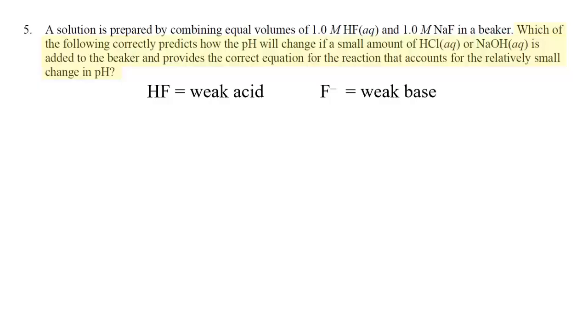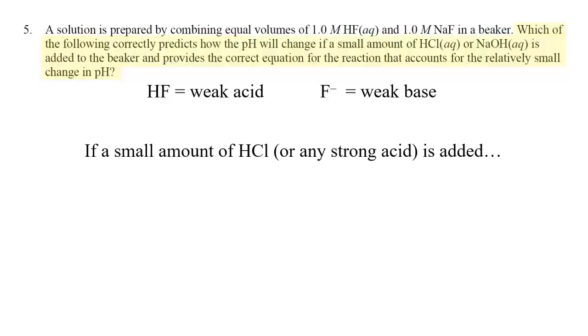Now, the specific details in question 5 involve HF, which is the weak acid in this buffer, and F minus, which is the weak base in this buffer. So again, this is a conjugate acid-base pair. So if a small amount of hydrochloric acid or any strong acid is added to this buffer, then the F minus ions would react with either H plus ions or hydronium ions to produce the weak acid HF and water.